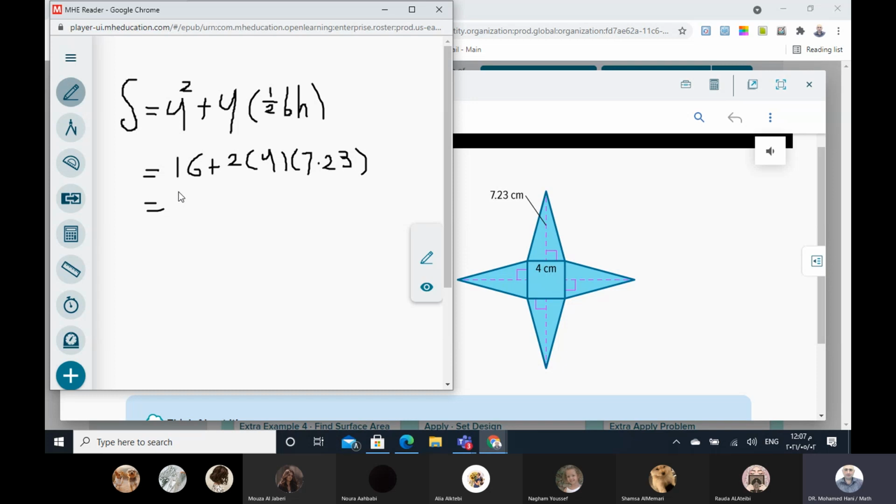Now here we have 16 plus 2 times 4, 8. Then we have 8 multiplied by 7.23. So the answer will be 57.84.